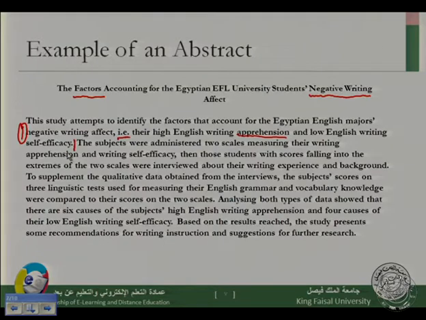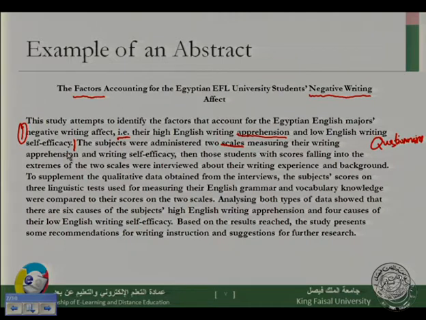Then, the subjects were administered two scales measuring their writing apprehension and writing self-efficacy. So two scales here means two questionnaires. Here the researcher is telling us the methods.